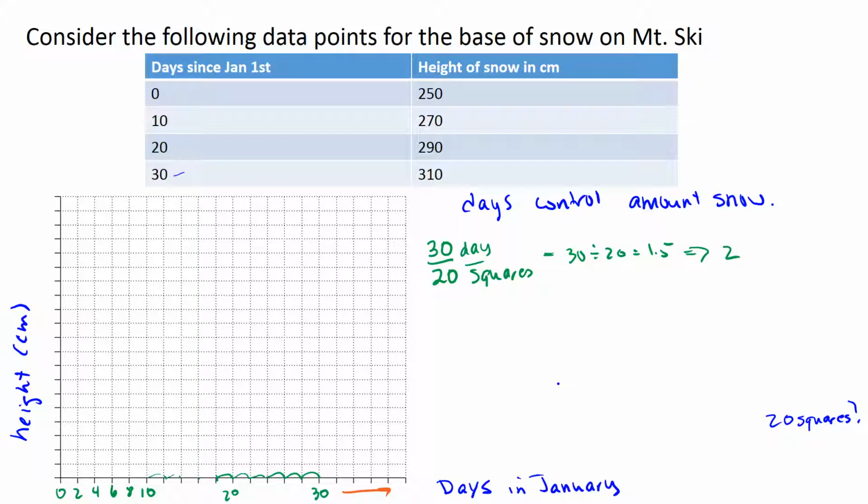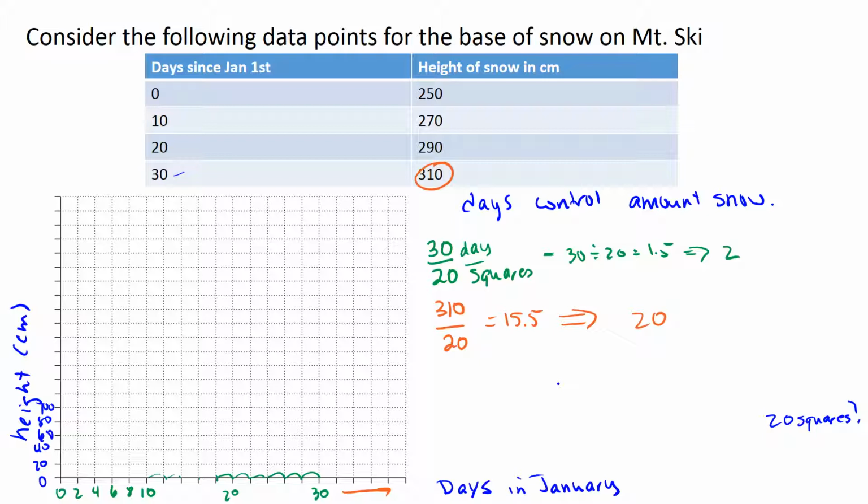Now the height in centimeters, let's try that. I'm going from a maximum of 310, and I have 20 squares to do it. So 310 divided by 20 is 15.5, and if I round that up to the nearest convenient number, I'm going to use 20. So going up in 20s: 0, 20, 40, 60, 80, 100.